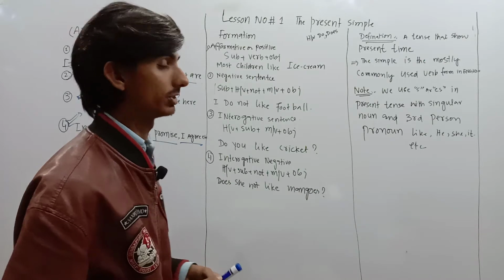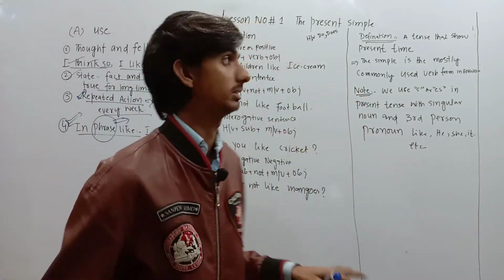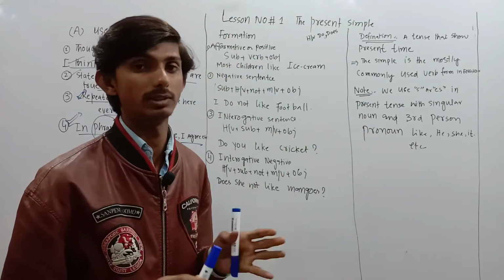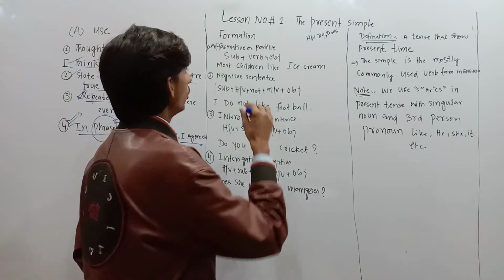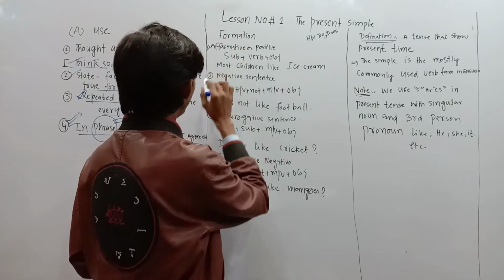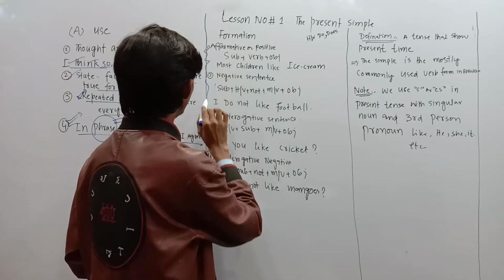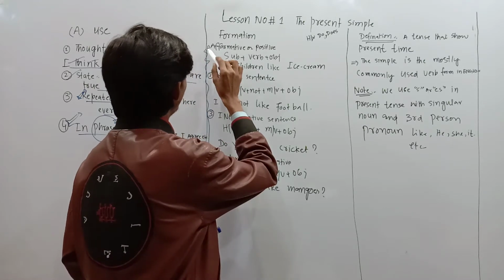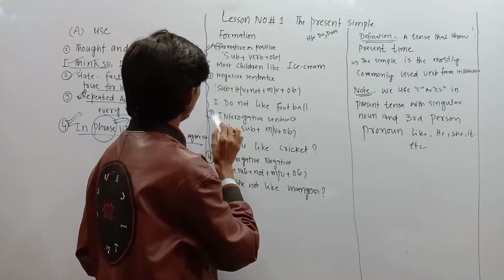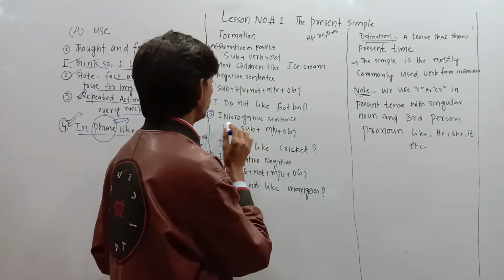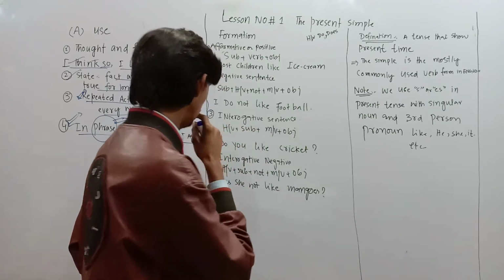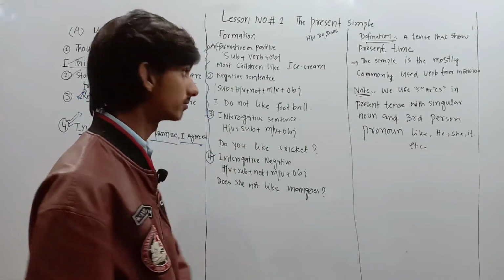So the formation, now the most important thing: what is the formation of the present simple tense? There are 4 forms of the present simple tense: number 1 is affirmative, number 2 is negative, number 3 is interrogative, number 4 is interrogative negative.